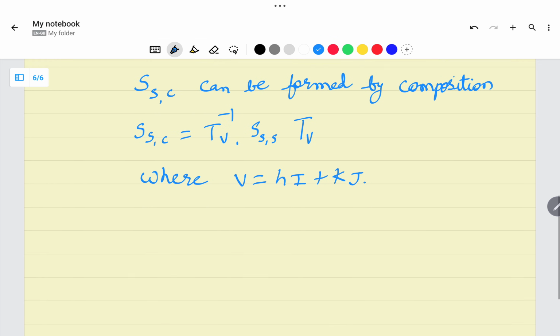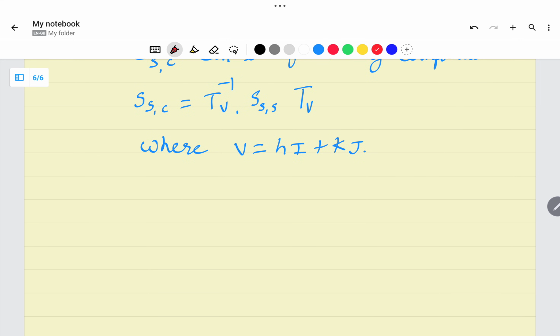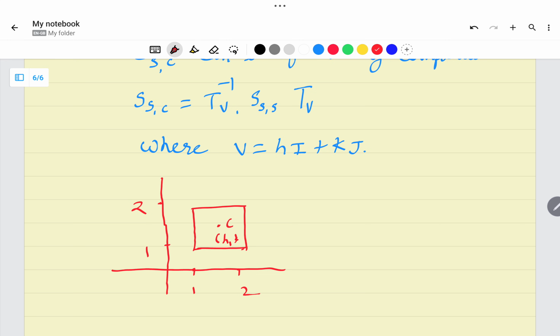Let us see this graphically. Let us say we have a square with the center h comma k, and we will scale it keeping the center fixed.